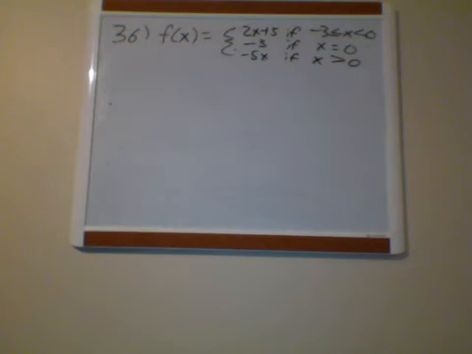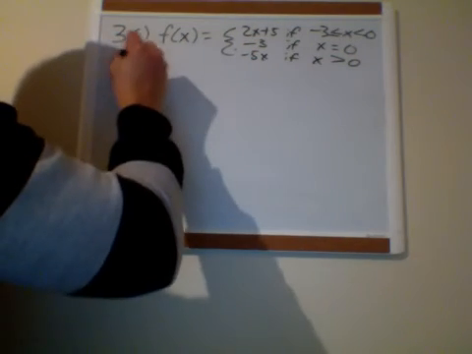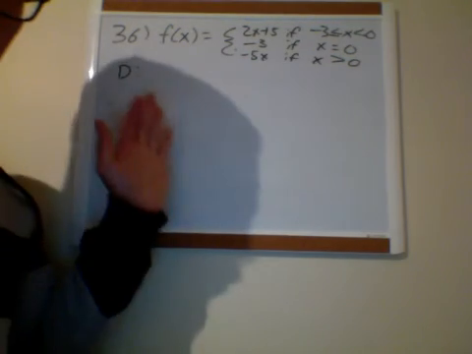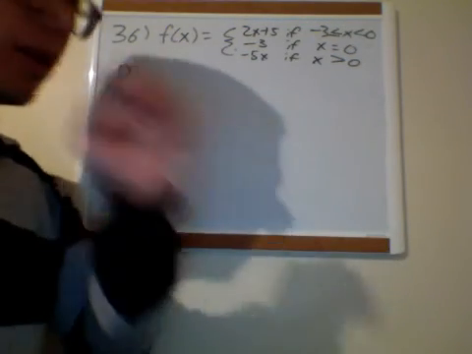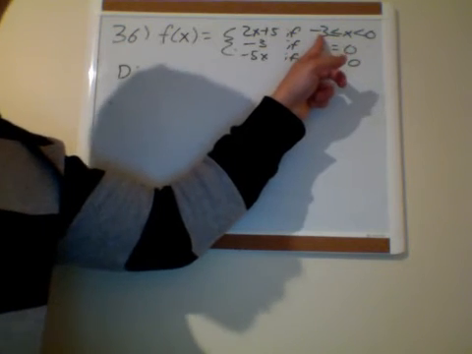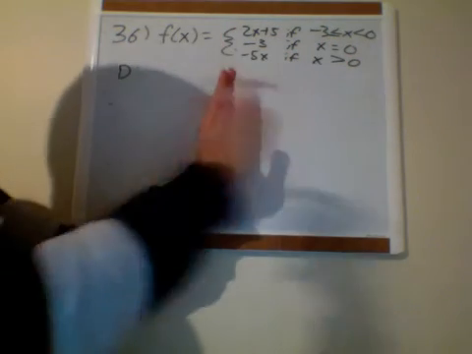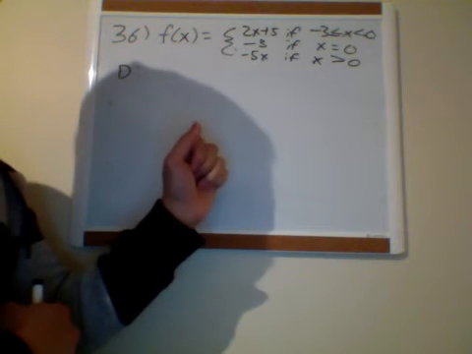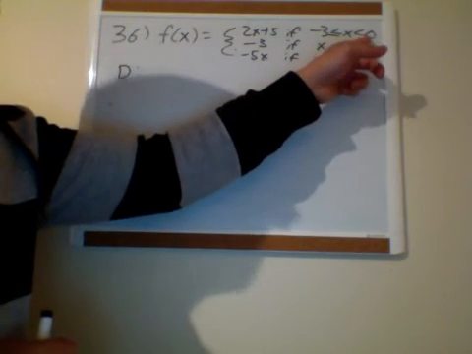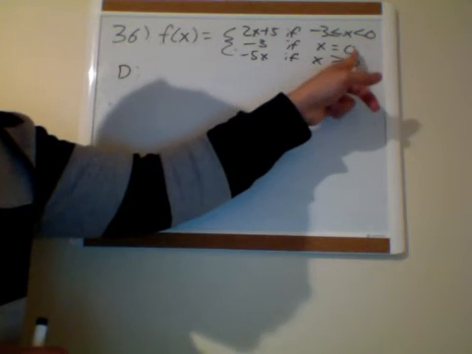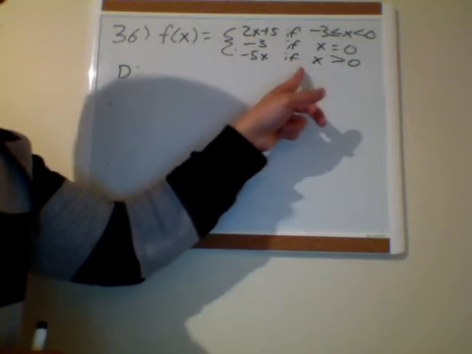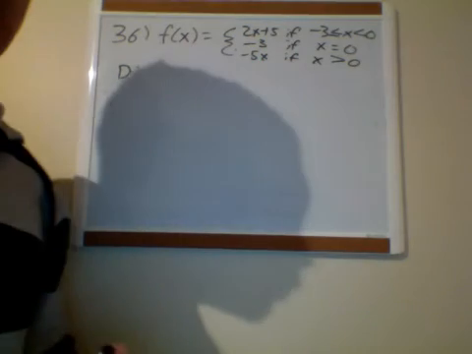Okay, now let's do the domain here. Remember my domain is my lowest x value to my greatest x value. So my lowest x value, I have -3, so I know my x value is not going to go to the left of -3. Now I know it's going to stop at 0 for the top part, but I know it's going to have a value at 0 since it's -3, and then it's going to continue after 0 and have no end.